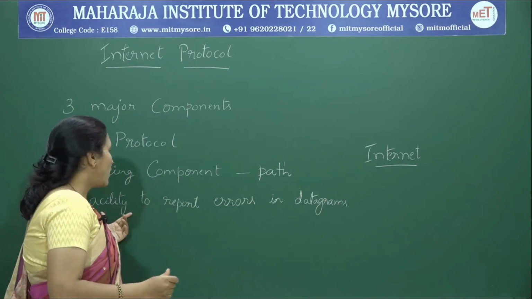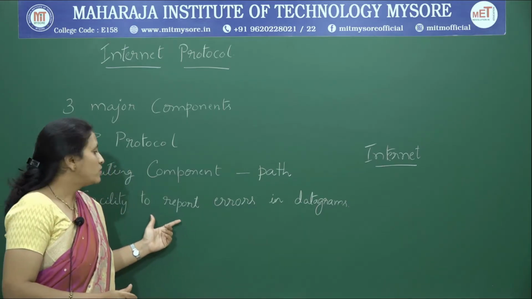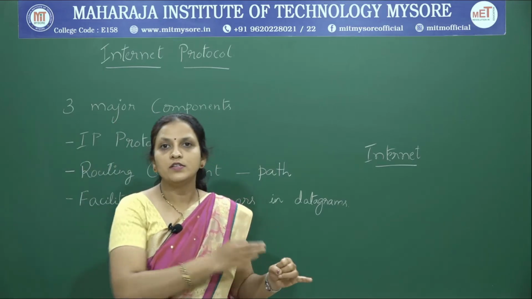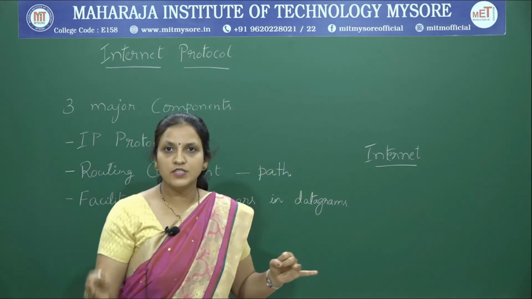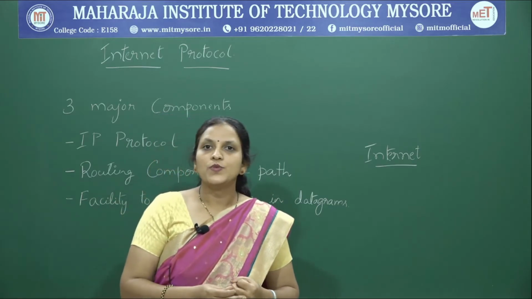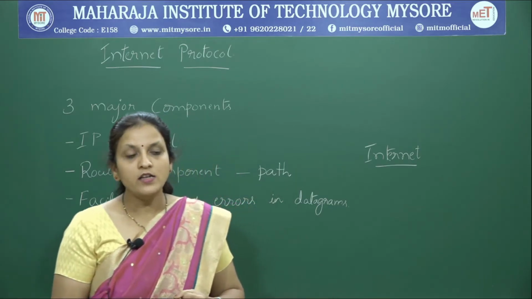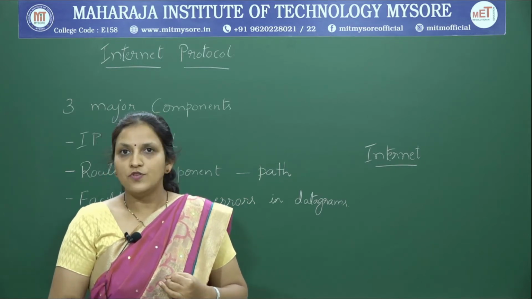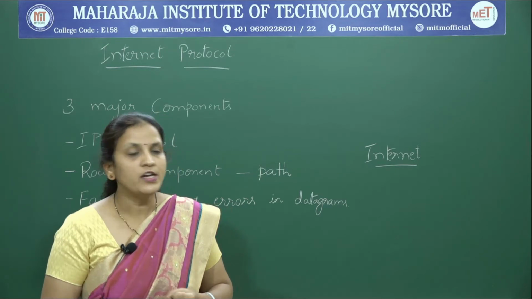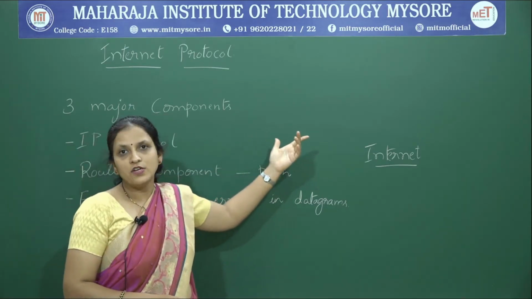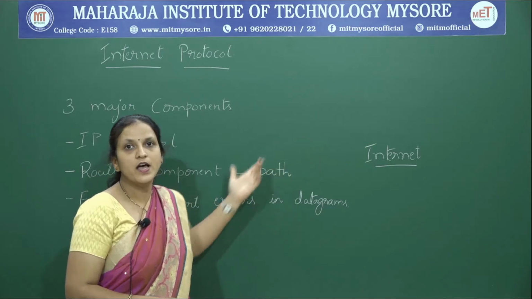And then we need a facility to report errors if they occur during transmission from sender to receiver, and it should respond to requests made for network information. So these are the three major components that the internet network layer has.